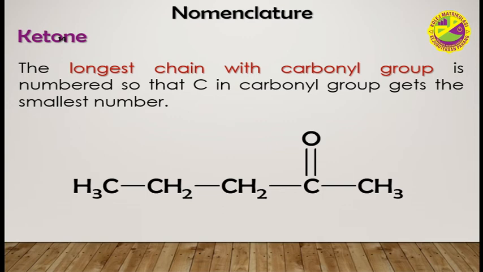if we number the carbon chain starting from the left, the carbon double bond O will get the number 4. But if we number the carbon chain starting from the right, the carbon double bond O will get the number 2.